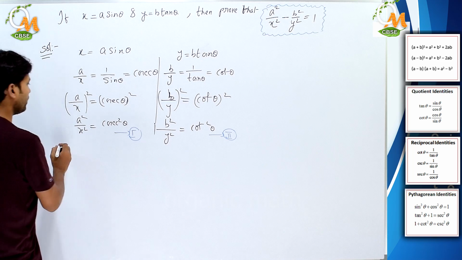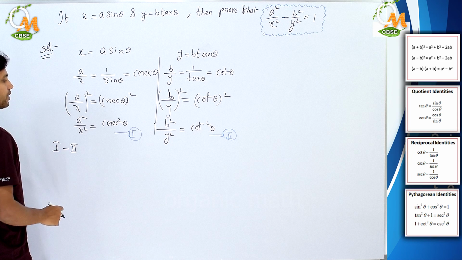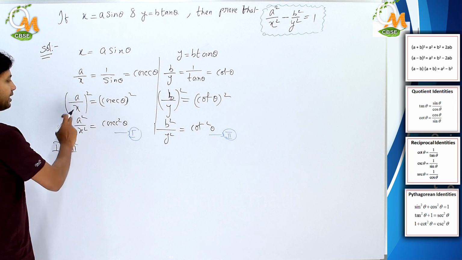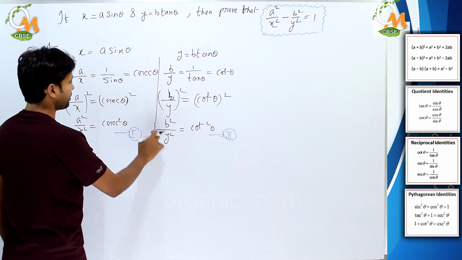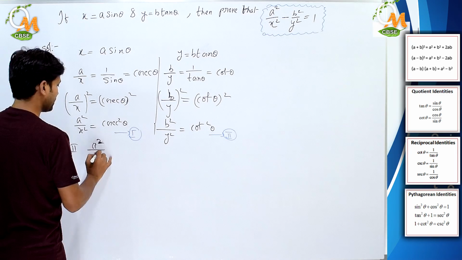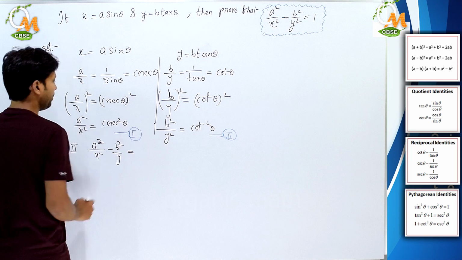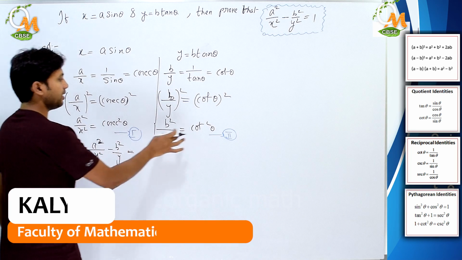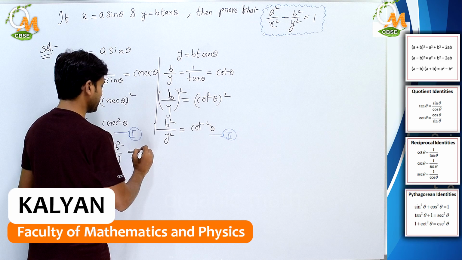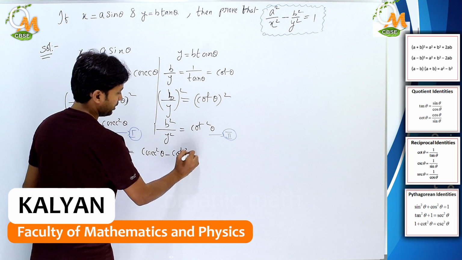Anyways, if you do 1 minus 2, then what will happen? In the LHS part, a square by x square minus b square by y square will be, on the RHS part, cosecant square theta minus cot square theta.